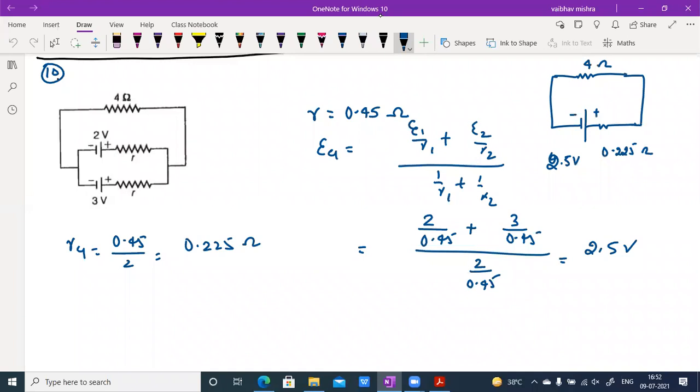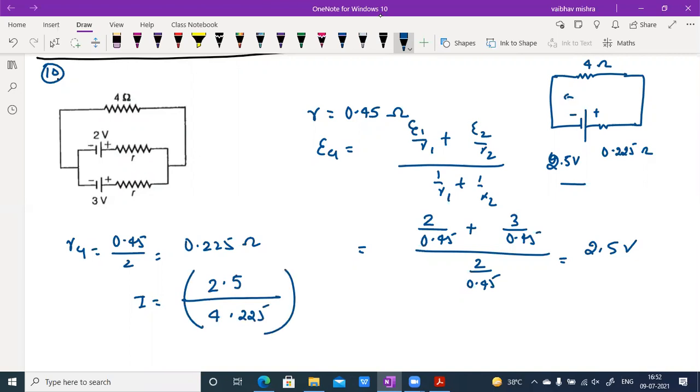Find the current. From the current, calculate the potential difference. How much will the current be? Now I will be the total EMF, which is 2.5, divided by 4.225. This is the current.